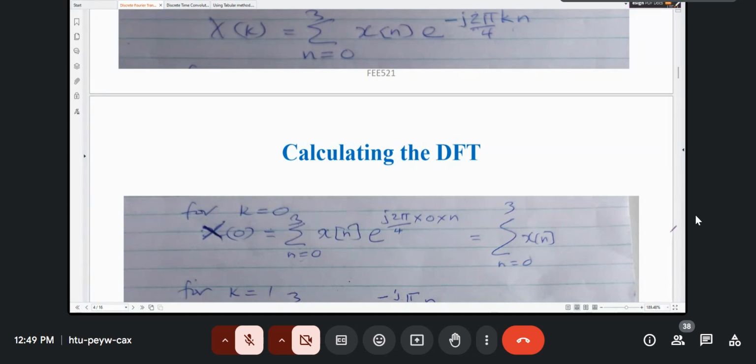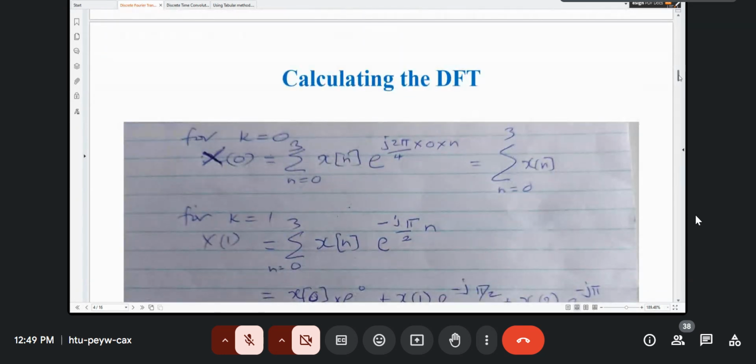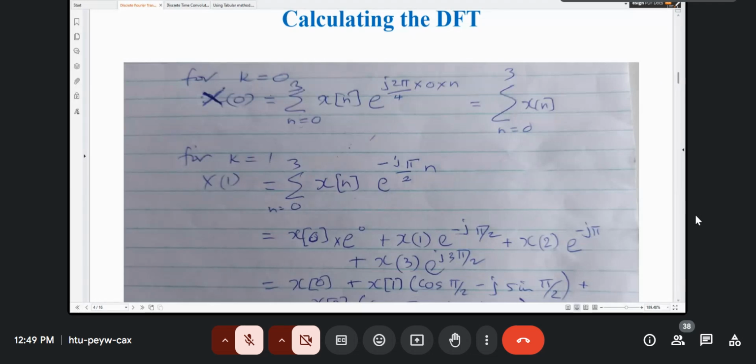Maybe I assume you have gone through this before, but still let's do it again, so it makes it easy to understand even the FFT. For k equal to 1, because our interest is X of k, it simply means you have replaced k with 1.